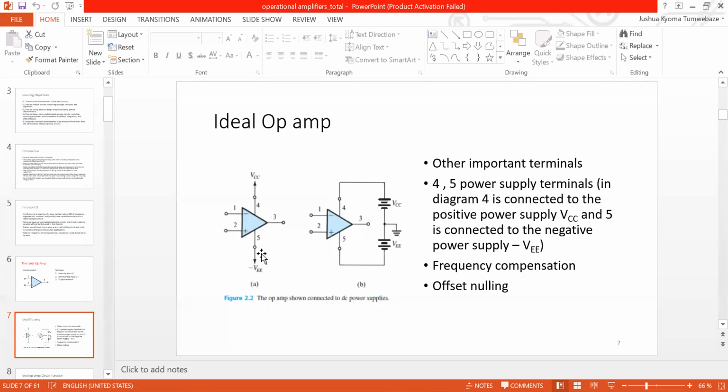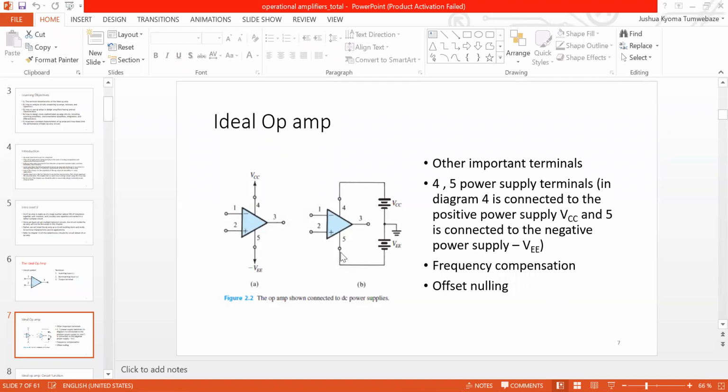So 4 and 5 are power supply terminals. The positive terminal of the supply VCC is connected to terminal 4, while the negative terminal of VEE is connected to terminal 5.